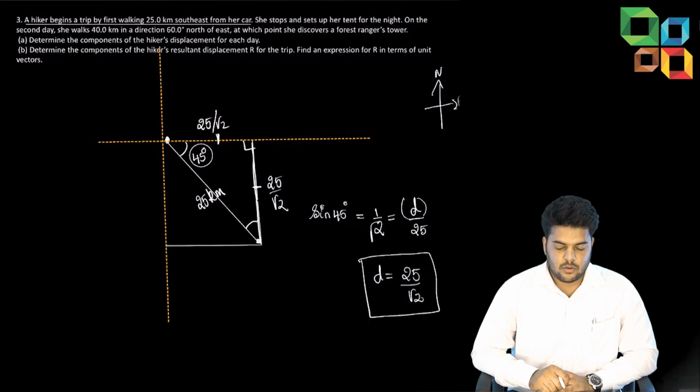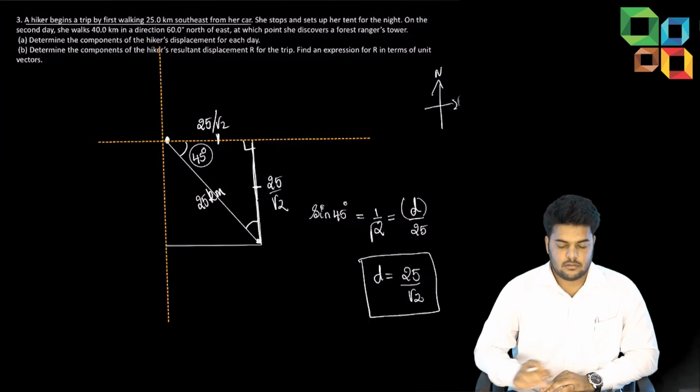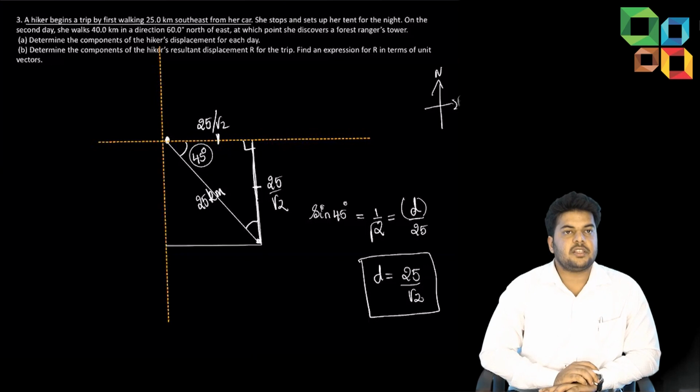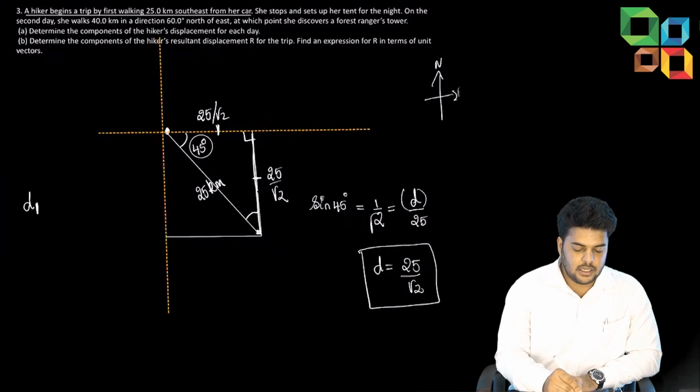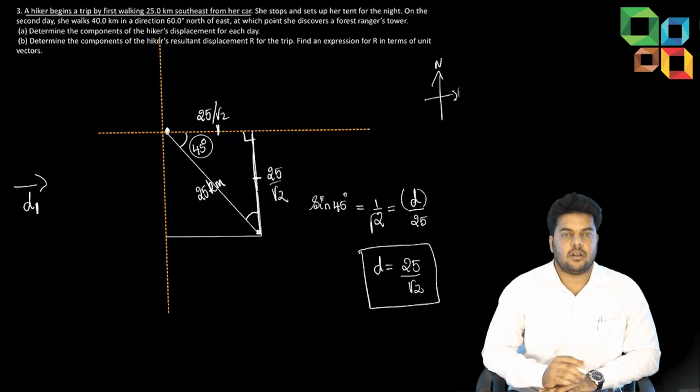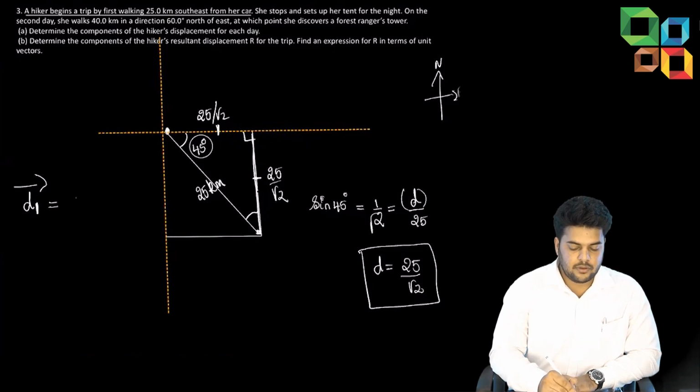Right? So on the first day, we can write the displacement of the hiker. D1, the displacement on day 1, is equal to 25 by root 2 i cap minus 25 by root 2 j cap.